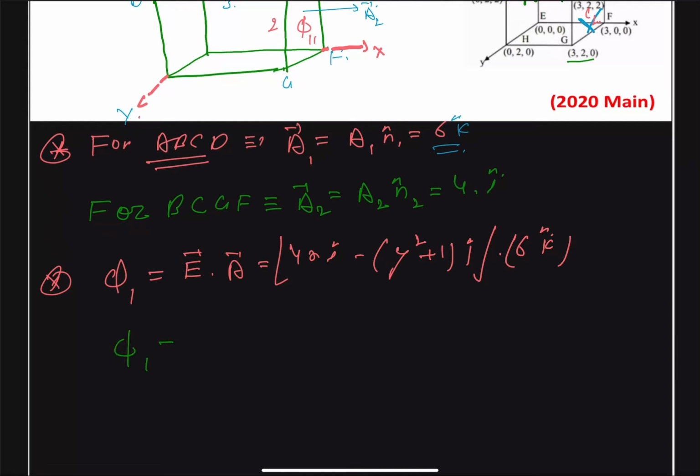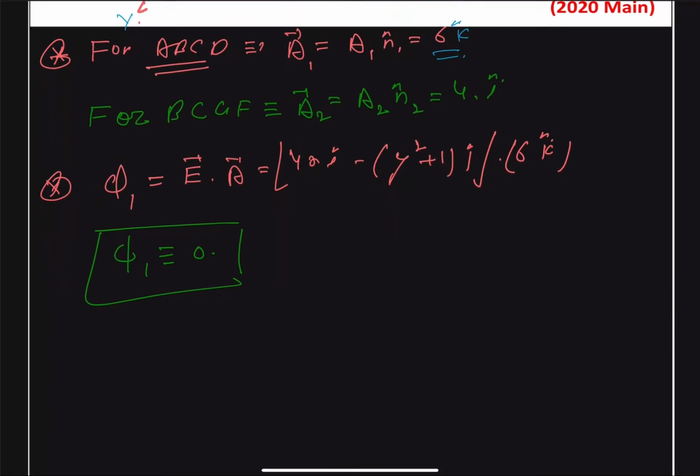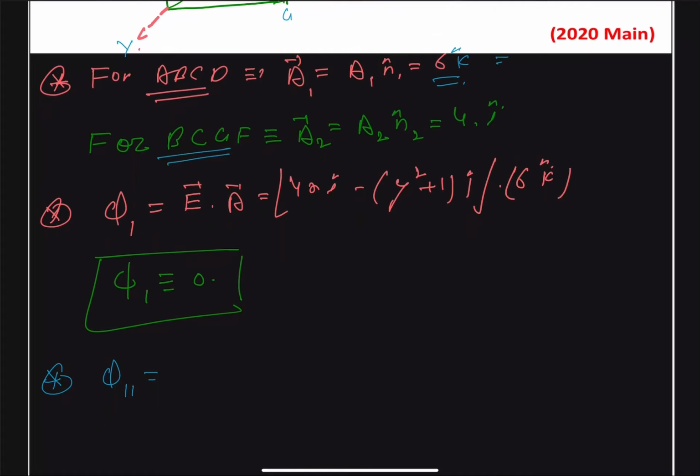Similarly, we can find out our phi 2. So our phi 2 is for the face BCGF. We have to remember, this is our phi 1 and this is for face phi 2. So phi 2 will be electric field dot our A2.